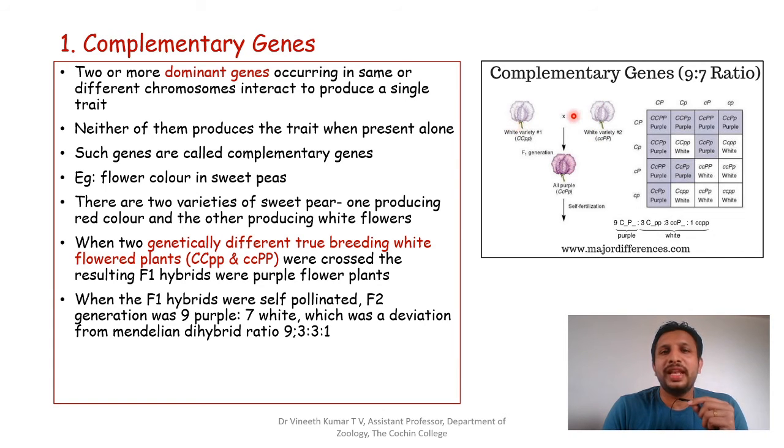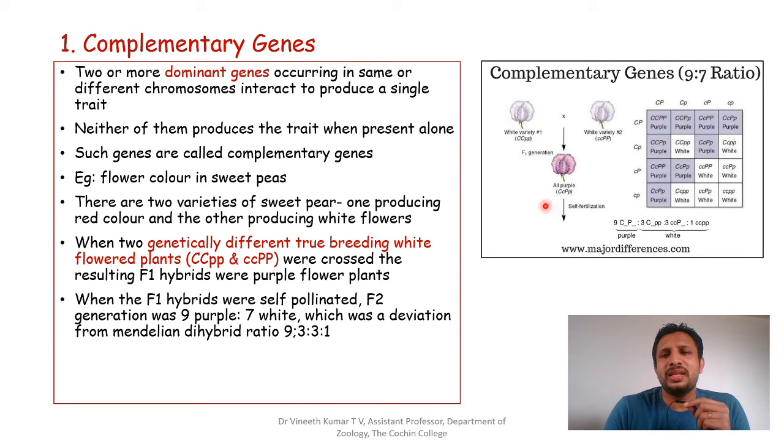And when such genetically different true breeding white flower plants were crossed, you get a heterozygote, and that heterozygote produces a purple color. So color is produced in this particular heterozygote. So F1 heterozygote is giving purple color.